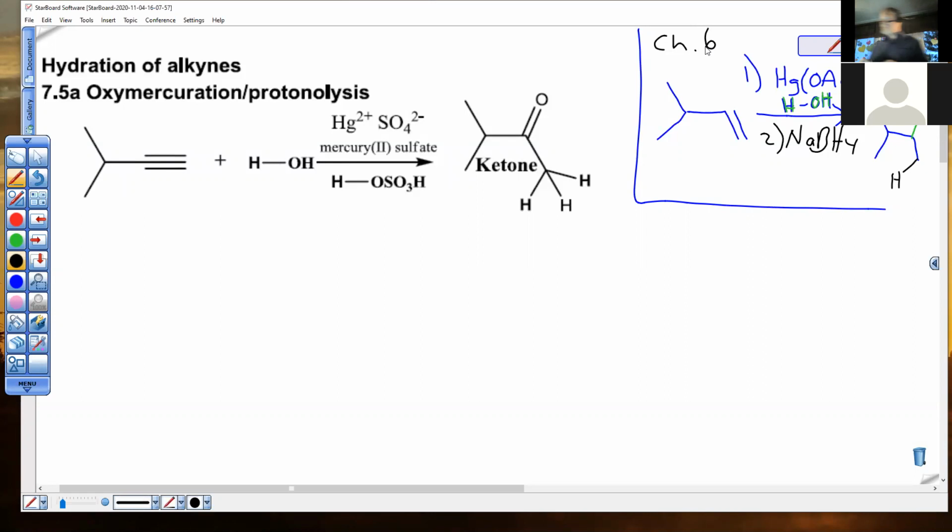First step in the mechanism in Chapter 6 was to ionize one of the acetates off of the mercury. And fortunately, in Chapter 7, I've already got it ionized for you, so you don't have to break it apart to 2 ions. I've got the ions for you. And the next step in Chapter 6 was to attack the mercury cation with the pi electrons.